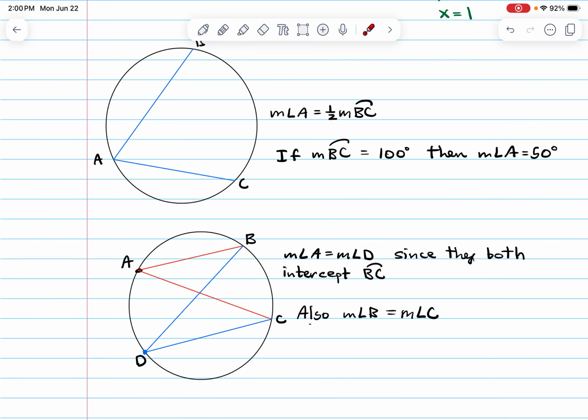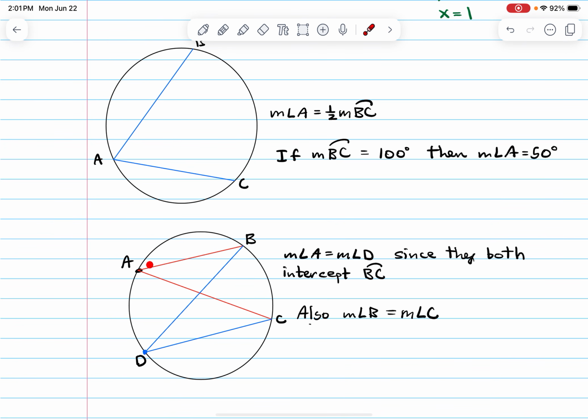Now, let's look at this one here. Let's look at the red. Angle A, this angle here, intersects BC. This arc is intercepted by angle A. And also, that same arc is intercepted over here by these two chords.